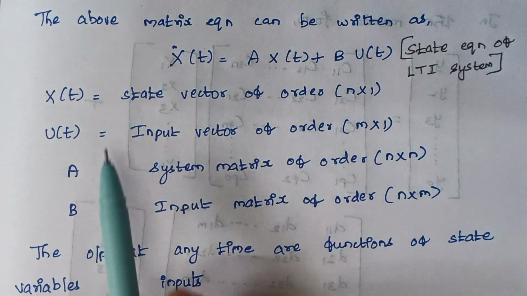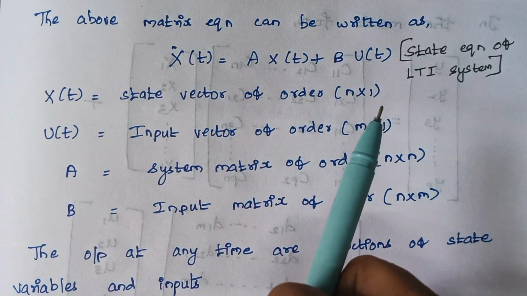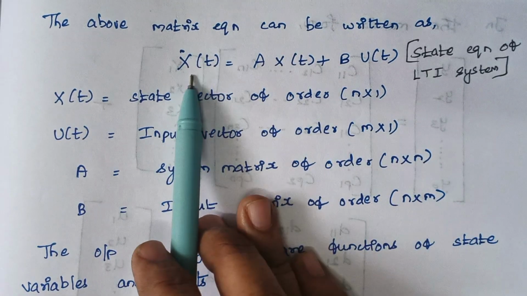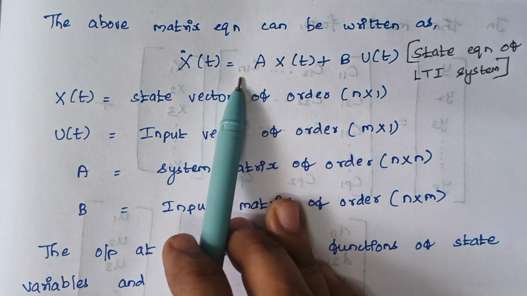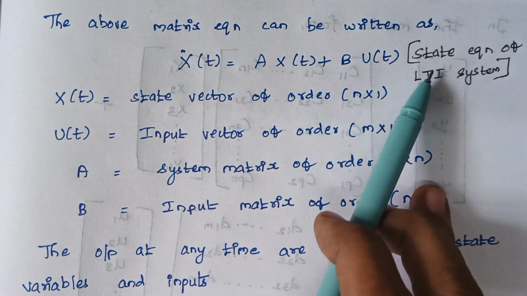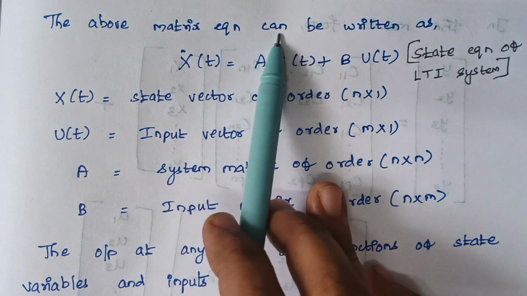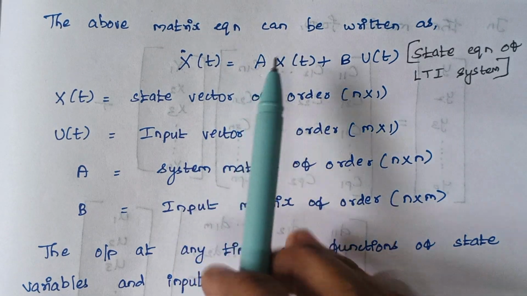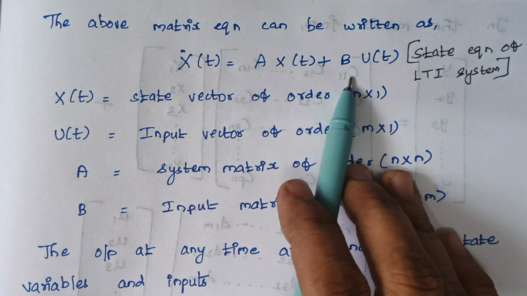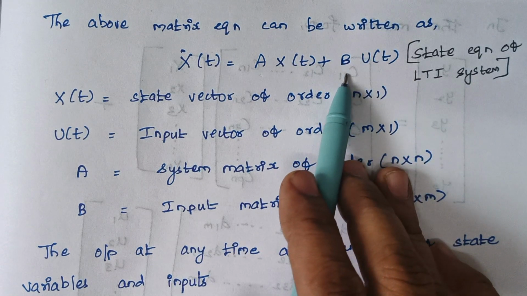So the above matrix equation can be simplified. x dot of t is equal to A x of t plus B u of t, right? The entire a11, a12 matrix is replaced by capital A, and similarly the entire b matrix is replaced by capital B, right?